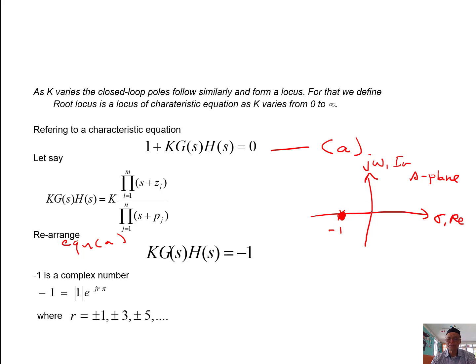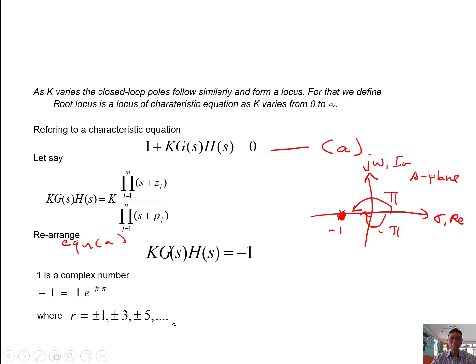You see that the magnitude of this complex number is 1, and the angle is either pi, if you look in the positive direction, which is anti-clockwise, or minus pi, if you look in the clockwise direction. So you can represent minus 1 as a magnitude of 1 and an angle of r pi, where r stands for plus and minus 1, 3 and so on.